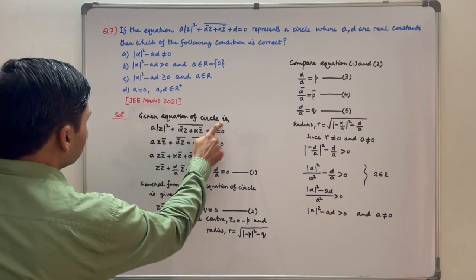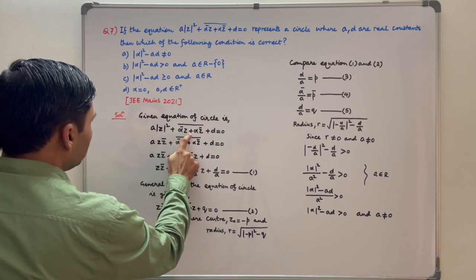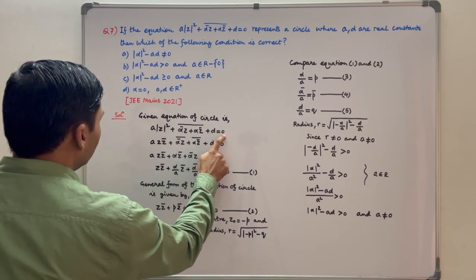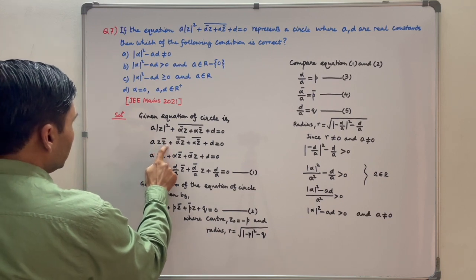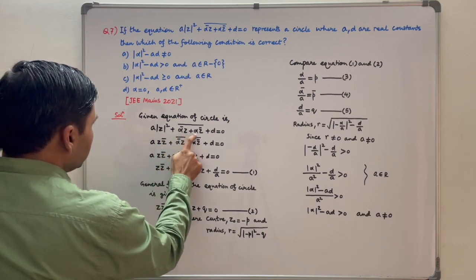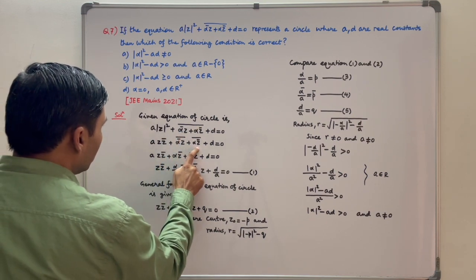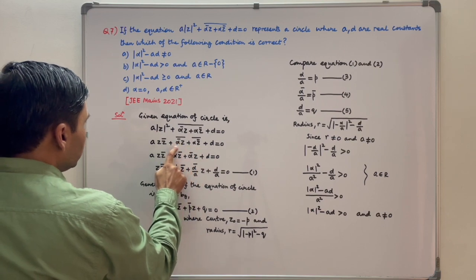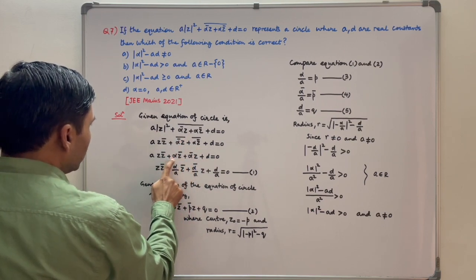Given equation of circle is A|z|² + (ᾱz + αz̄) + d = 0. |z|² can be written as zz̄. The bar of the sum is in the form (z1 + z2) bar, which equals z̄1 + z̄2 using the conjugate property. Then (z1 z2) bar equals z̄1 z̄2.